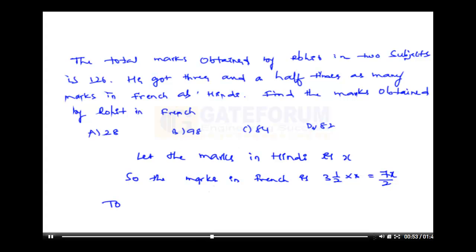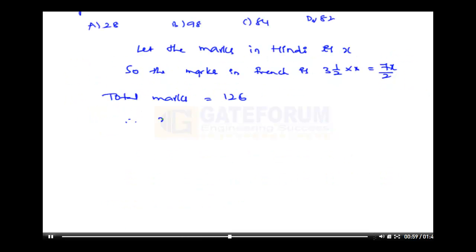Also given the total marks is 126. So therefore we can write X plus 7x by 2 is nothing but 126. This is nothing but 9x by 2 is 126, implies x can be written as 126 into 2 by 9, which gives 28. So now what we require?